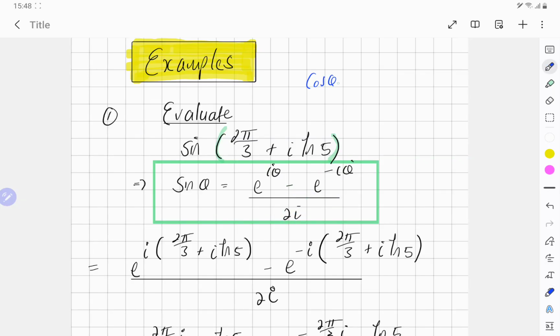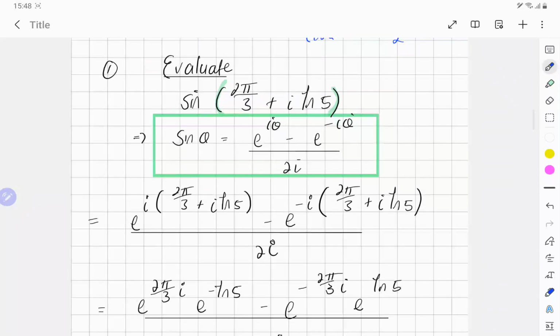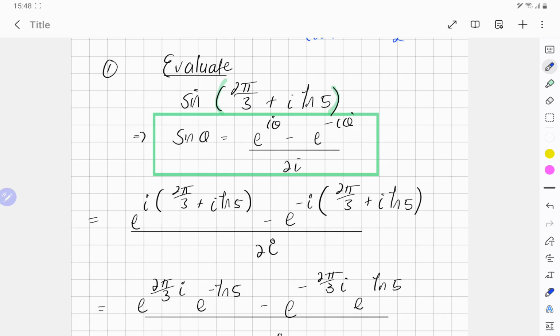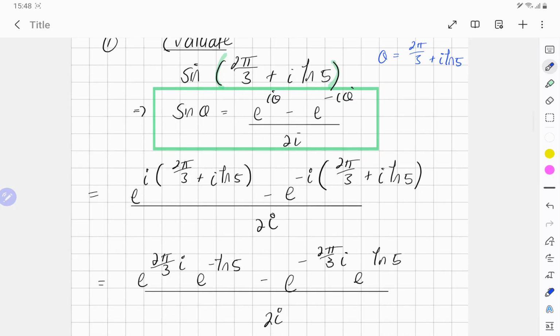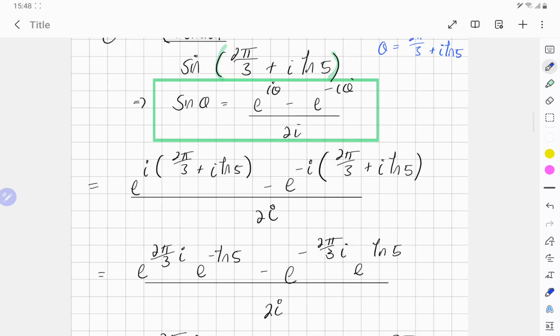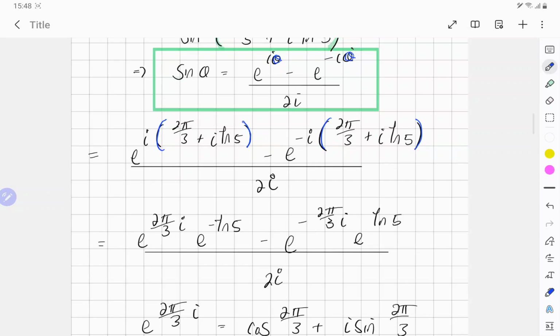Just a reminder that cos theta is e to the i theta plus e to the negative i theta over 2, no i. Now we see in our example that theta is 2 pi over 3 plus i ln 5. Hence, we will replace our theta every time by this bracket. So we did substitution there.